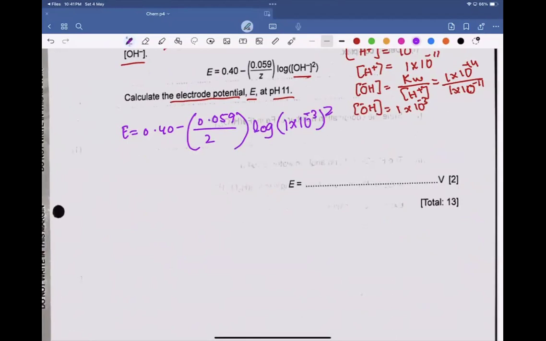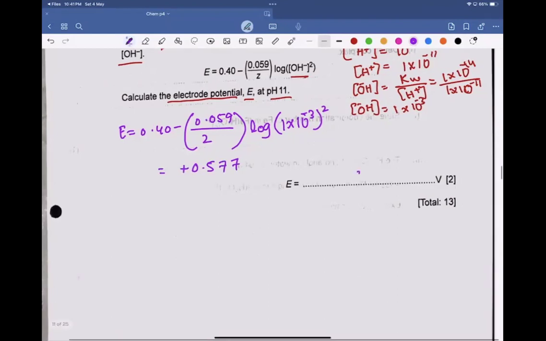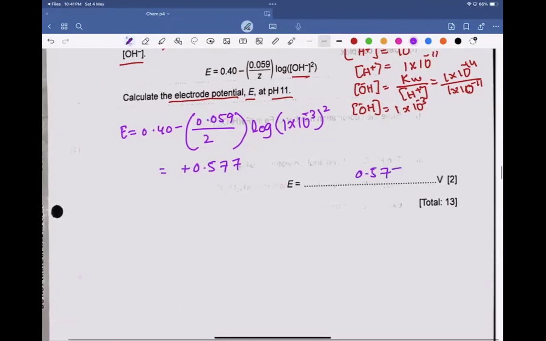Can anyone solve it and tell me the answer, please? Okay, thank you, Sean. It is 0.577 volt. So that is the answer.